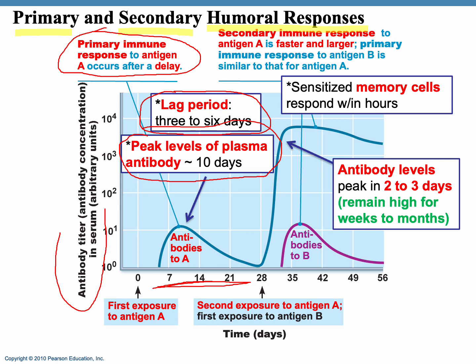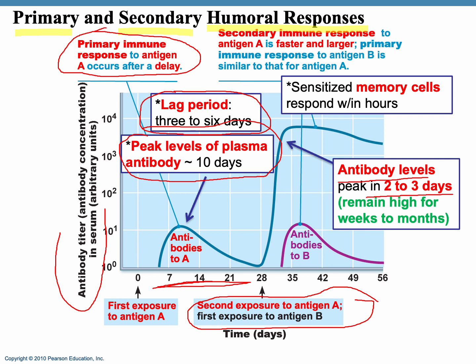But what we see here then over here is the secondary response time. The case with someone who has the vaccination or they're exposed to the virus again years later. And now what we see is the antibody levels now peak in 2 to 3 days to play a huge role in going after the virus in comparison to the primary response, which took a week and a half.